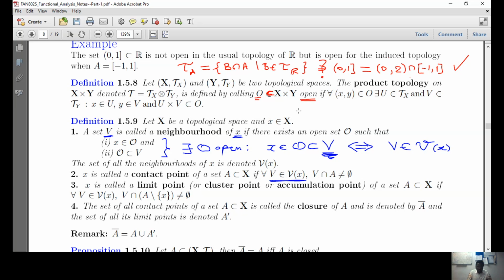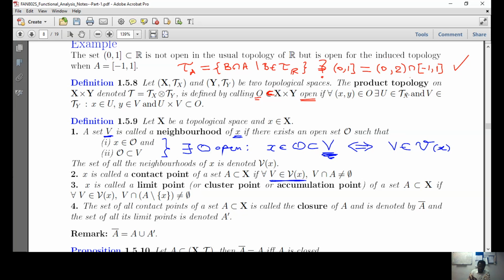So if you look at how it is defined here and the general definition of a neighborhood, we see that they are equivalent, right? Okay, so if for any xy in O, you can see that an element of O is a couple, because O is a subset of the Cartesian product, right?